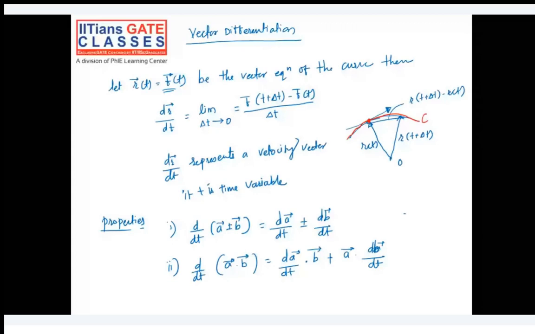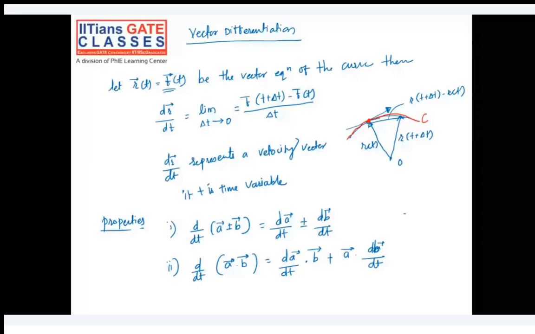If you take a derivative of it, dr bar by dt, you are going to get the velocity vector at that time. This is just the basic operation.